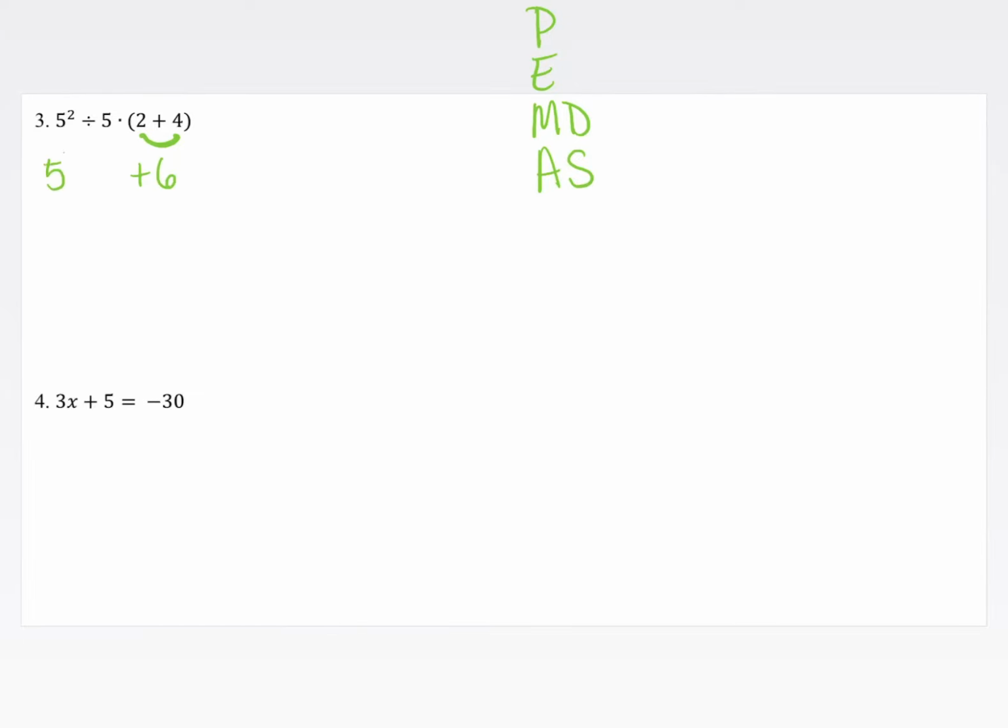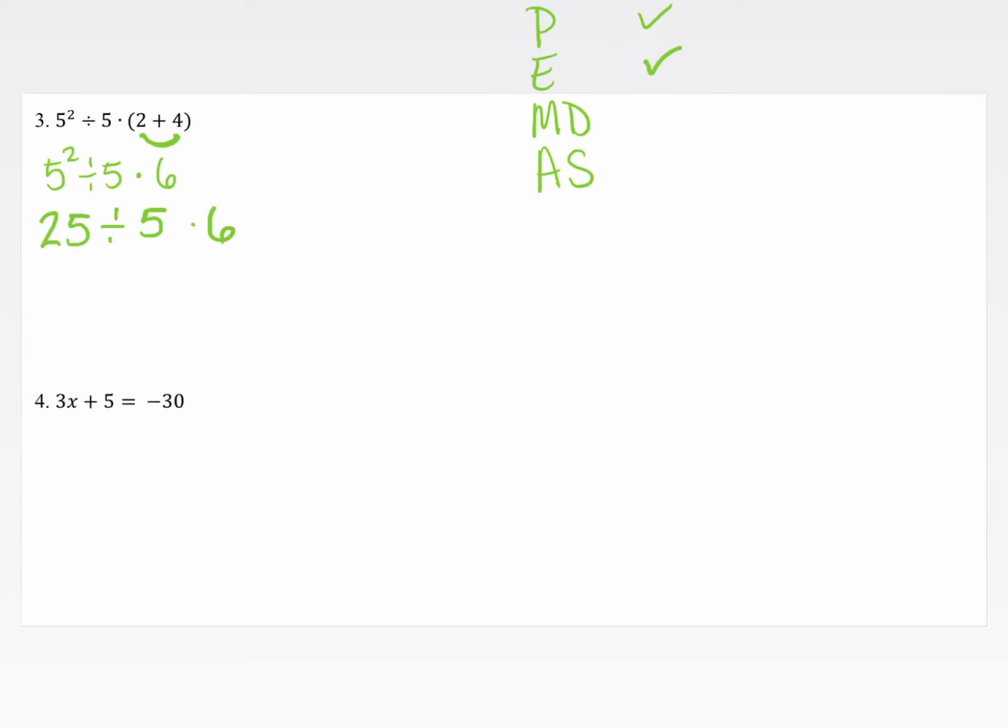So we have 5 squared divided by 5 times a positive 6. So parentheses, check. Next we'll move on to exponents. 5 squared, also known as 5 times 5, which is 25. 25 divided by 5 times 6.